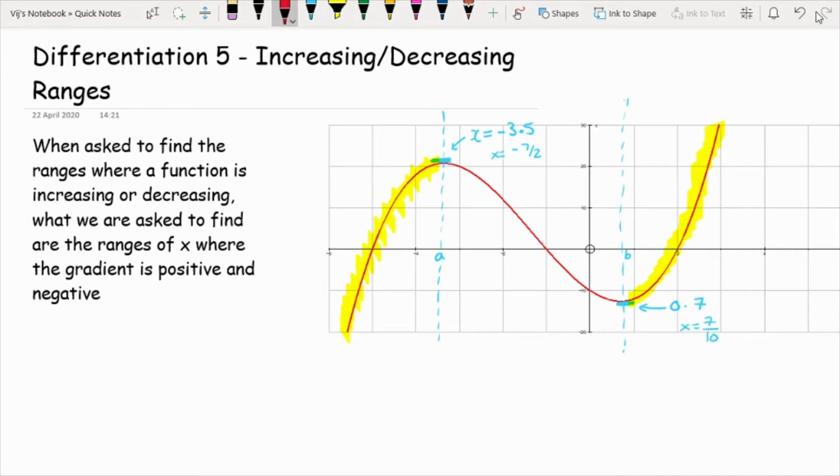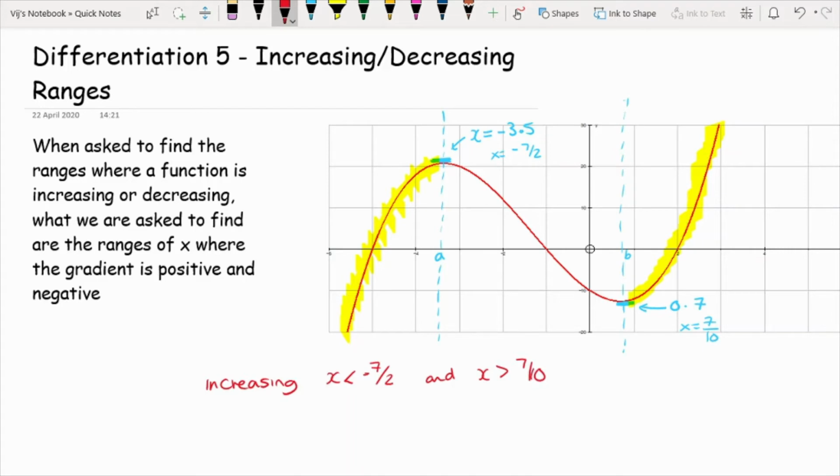So it's increasing in the ranges where x is less than minus 7 over 2. And note how I'm not putting a less or equal sign there, because when x is equal to minus 7 over 2, it's going to have a gradient of 0. And it's increasing when x is greater than 7 over 10.